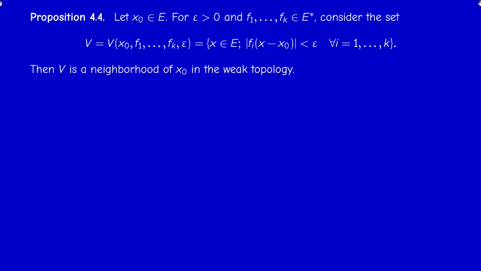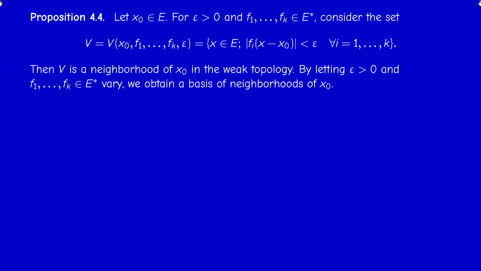The first conclusion is that this is a neighborhood of x0 in the weak topology, and actually it's an open set in the weak topology. The second result is that when I vary epsilon and the elements in the dual, but they are still finitely many, we obtain a basis of neighborhoods of x0, and I will explain what I mean by that in a moment.